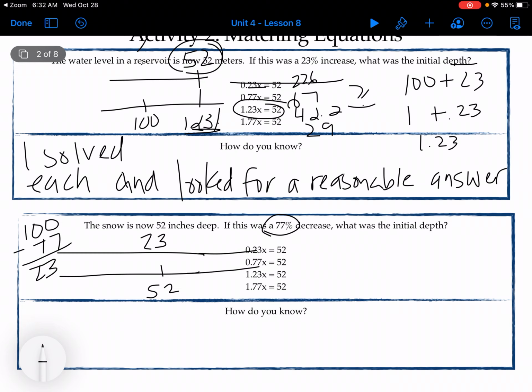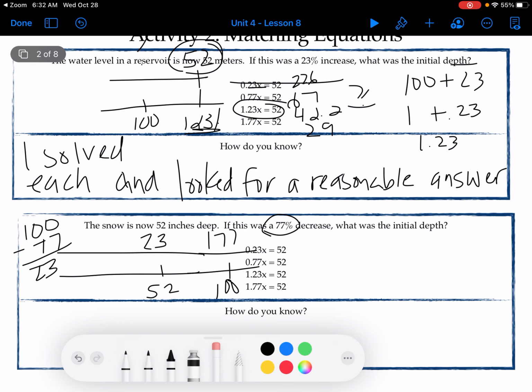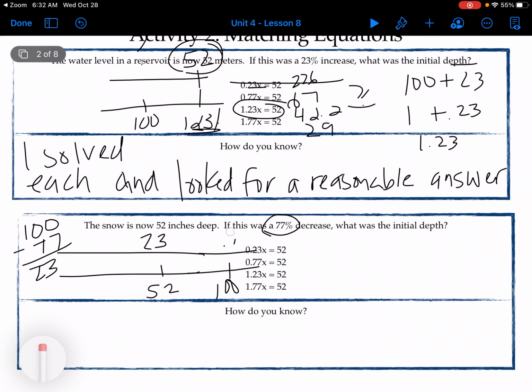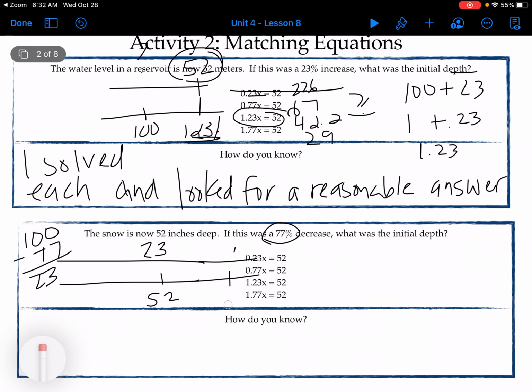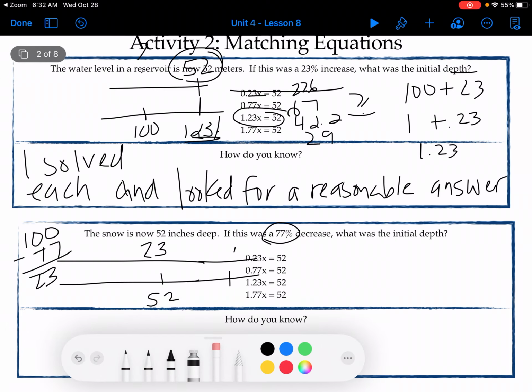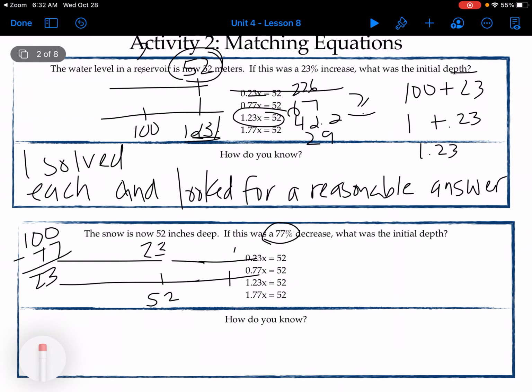So then if I'm doing 100%, that wouldn't be 177. That would be 100%. And I want to figure out how deep it was.